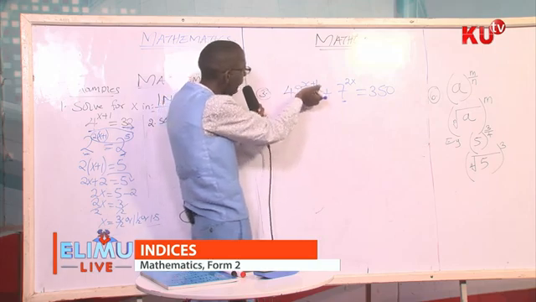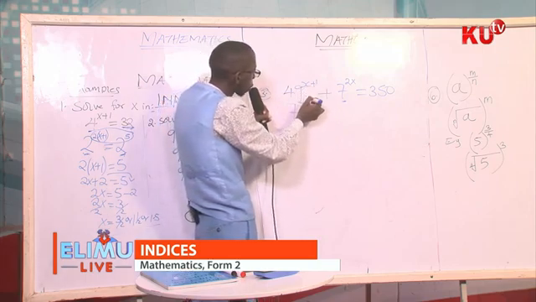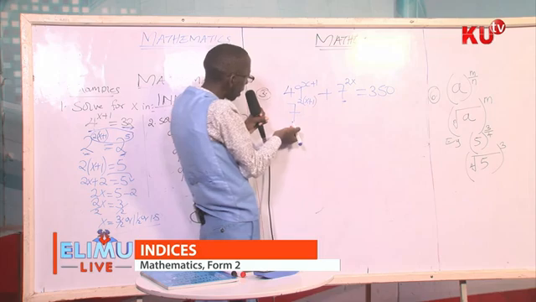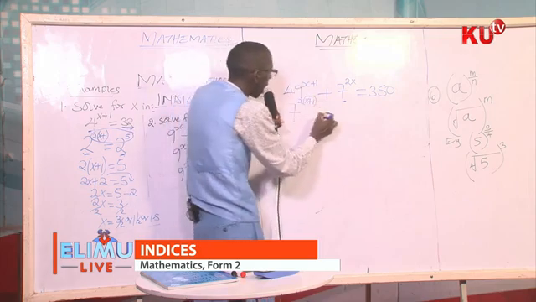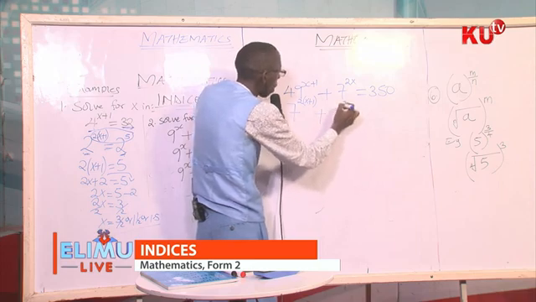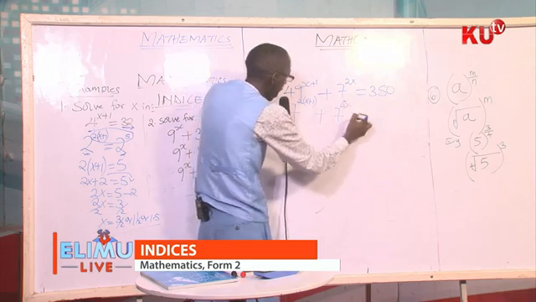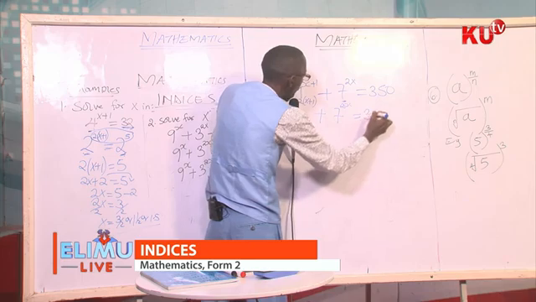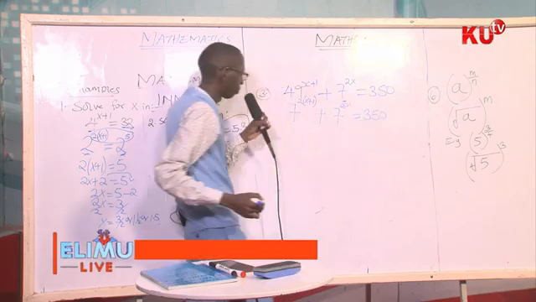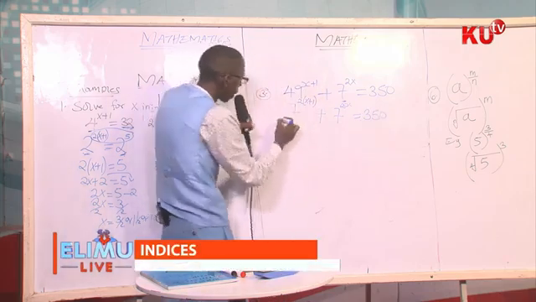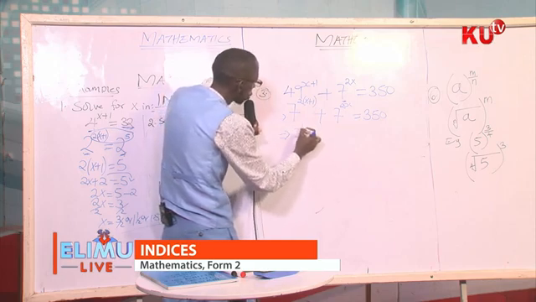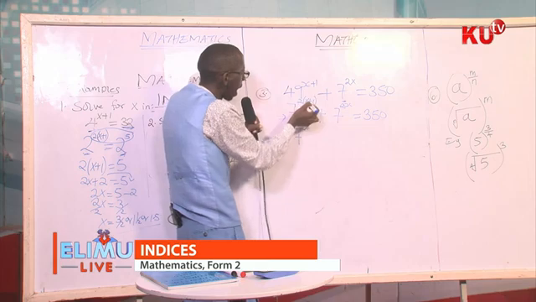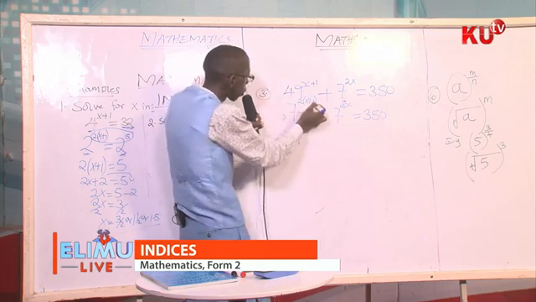Remember, there was another power, x plus 1. Don't forget that one. 7 to power 2 is 49. Plus 7 to power 2x, this one, is equal to 350. Open the bracket. 7 to power 2x, 2 times x, 2x. 2 times 1, 2.